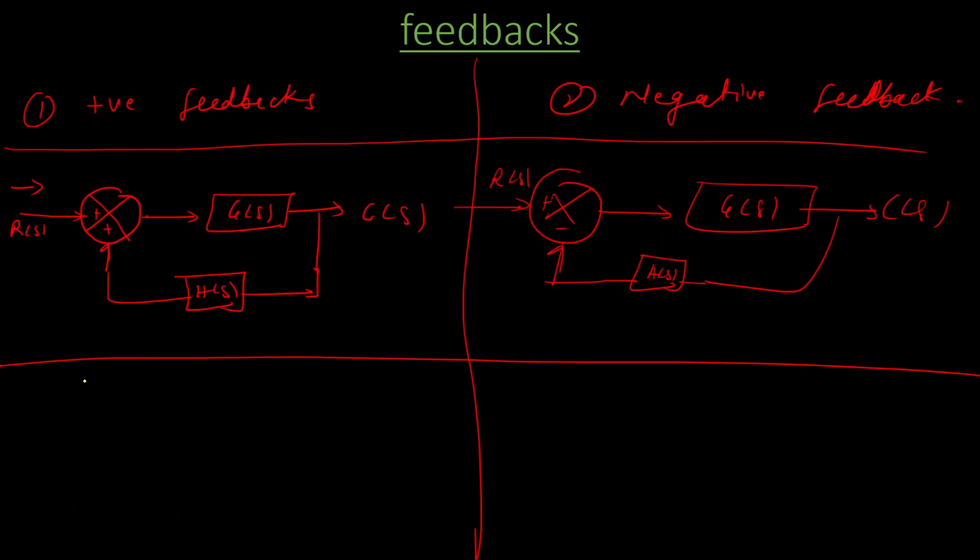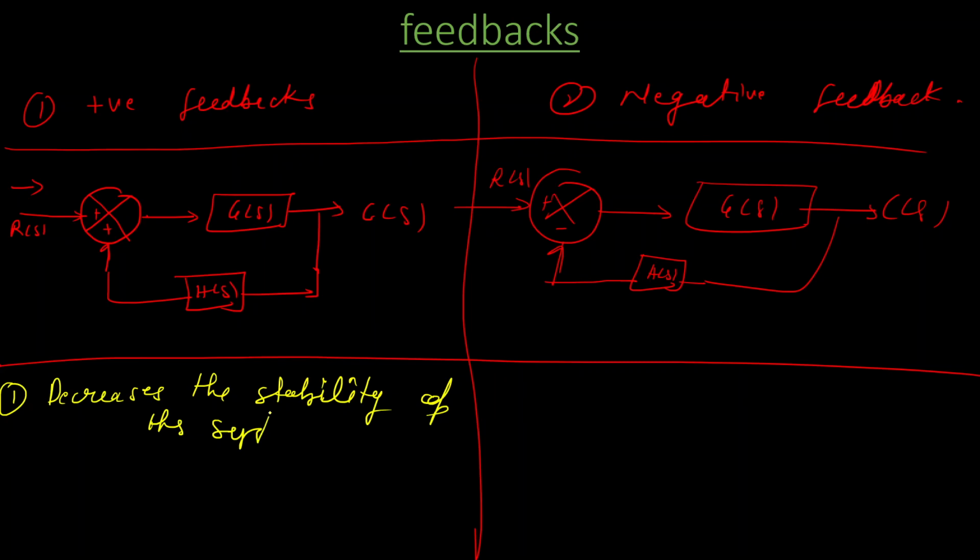And to differentiate positive and negative feedback, there are two differences. Number one is positive feedback decreases the stability of the system, whereas in case of negative feedback system, this increases the stability.